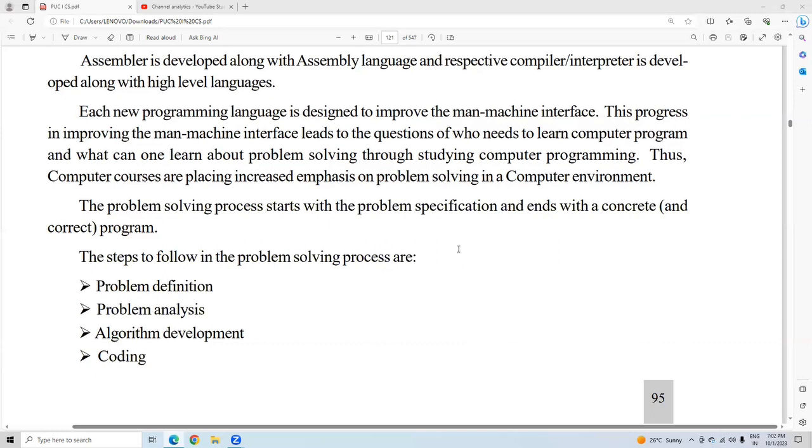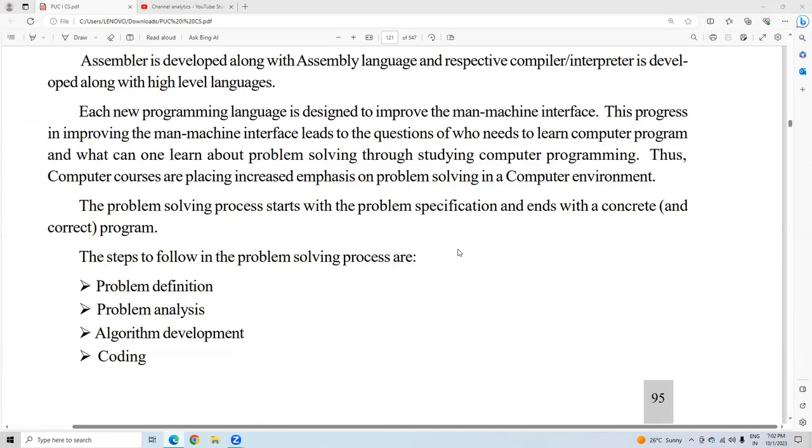This progress in improving the man-machine interface leads to the questions of who needs to learn computer programming and what one can learn about problem solving through studying computer programming. Thus, computer courses are placing increased emphasis on problem solving in the computer environment, right.